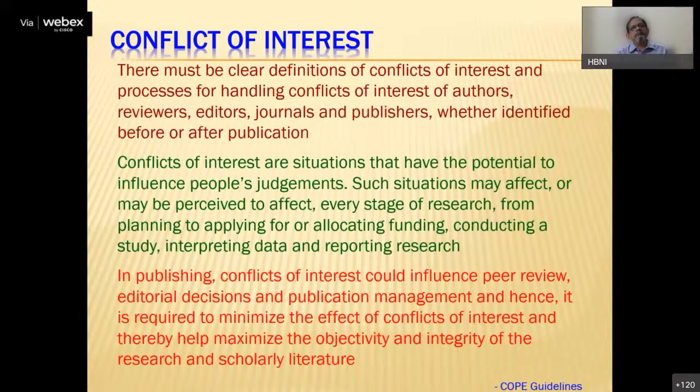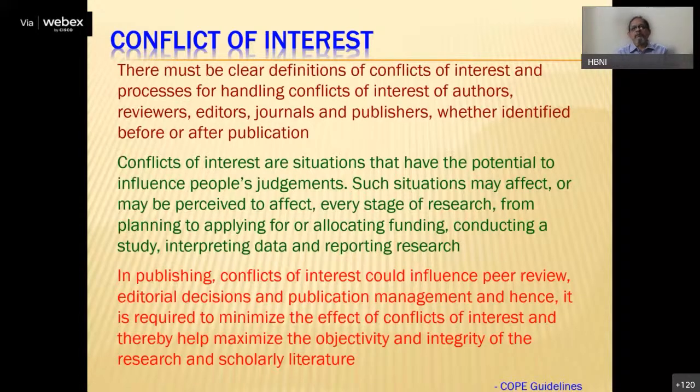So now we come to the first topic under publication misconduct, which is called conflict of interest. I'll be mostly following the COPE guidelines which have been issued in this regard, because these COPE guidelines now apply almost universally to all journals, and invariably all journals follow these guidelines whenever cases of publication misconduct are noticed.